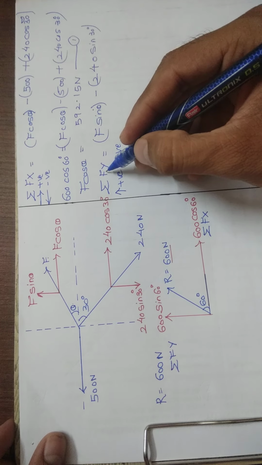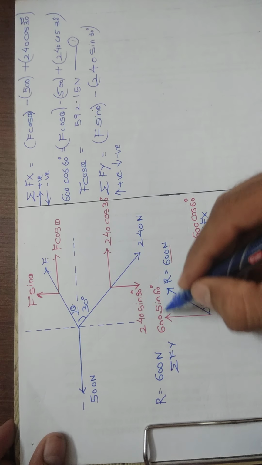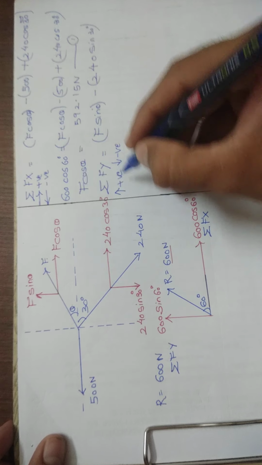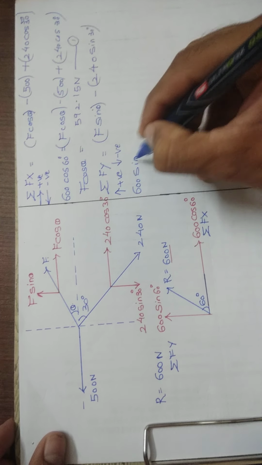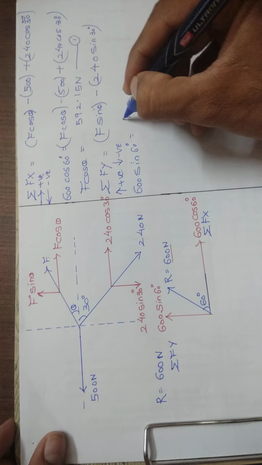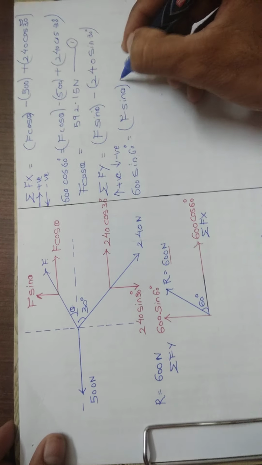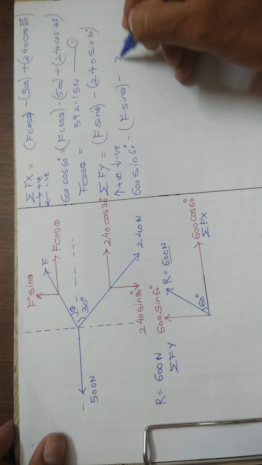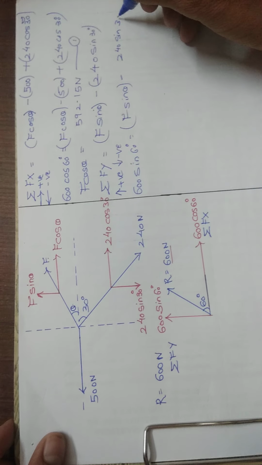But what is summation of Fy, which has been given in the form of resultant? It is given as Fy equals 600 sine of 60. So 600 sine of 60 degrees is equal to F sine theta minus 240 sine of 30 degrees.